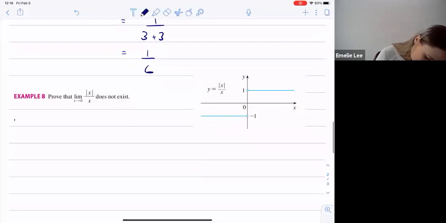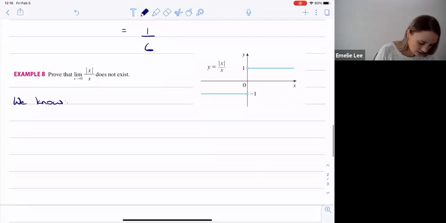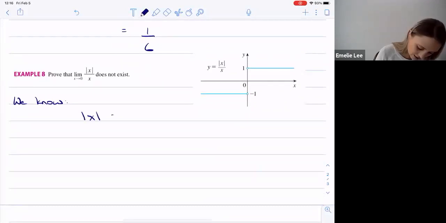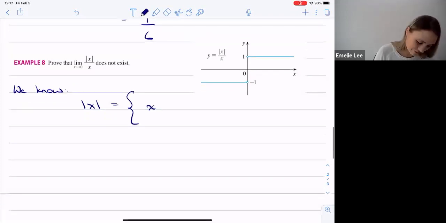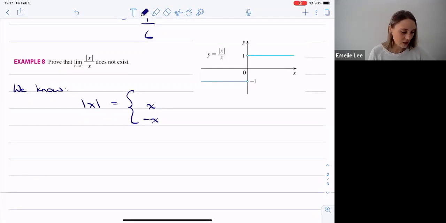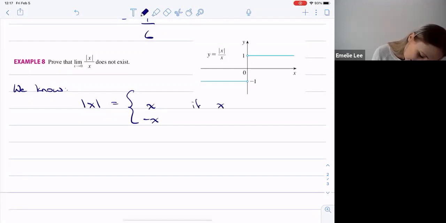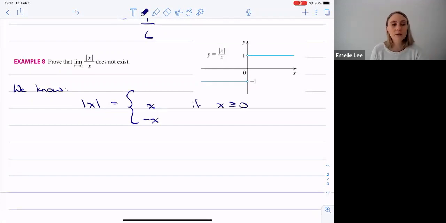So we know that the absolute value of x is a piecewise function. Maybe I'll do a nicer curly bracket there. It's either going to be x if x is positive, so if x is greater than or equal to 0, then the absolute value of x is x.